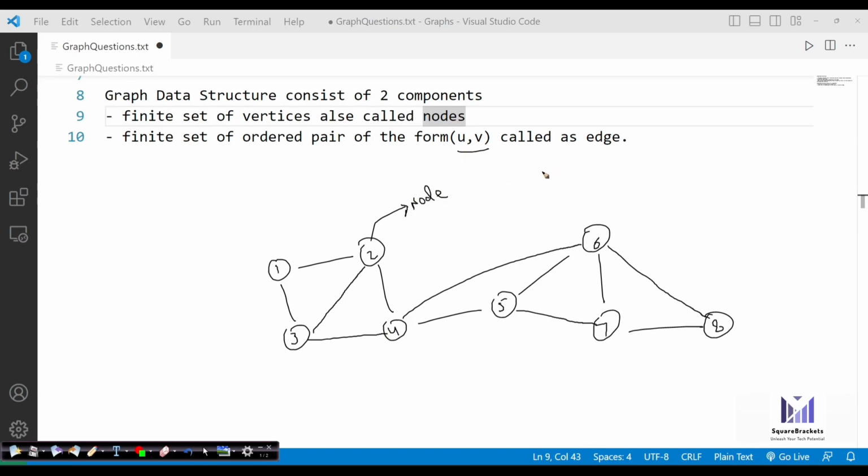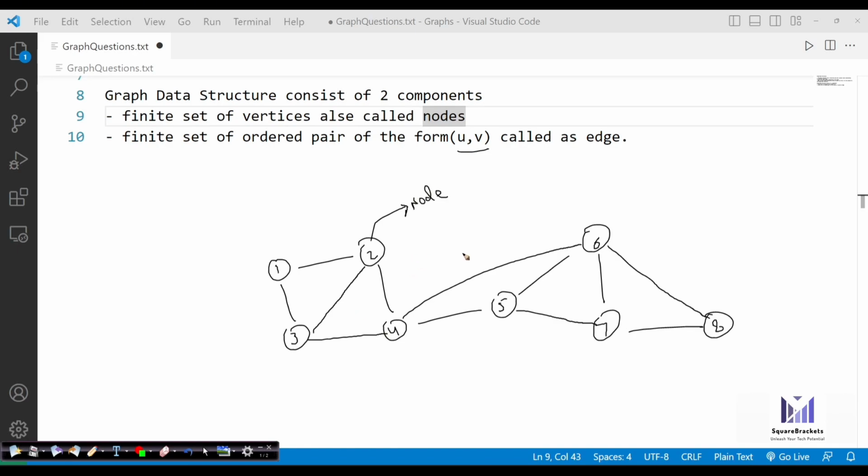That's the directed graph, because a graph could be undirected or directed. There are two different kinds of graph, and we'll be talking about it. If the pair is ordered, it cannot be written v comma u in the case of a directed graph. So the pair of the form uv indicates that there is an edge from vertex u to vertex v.